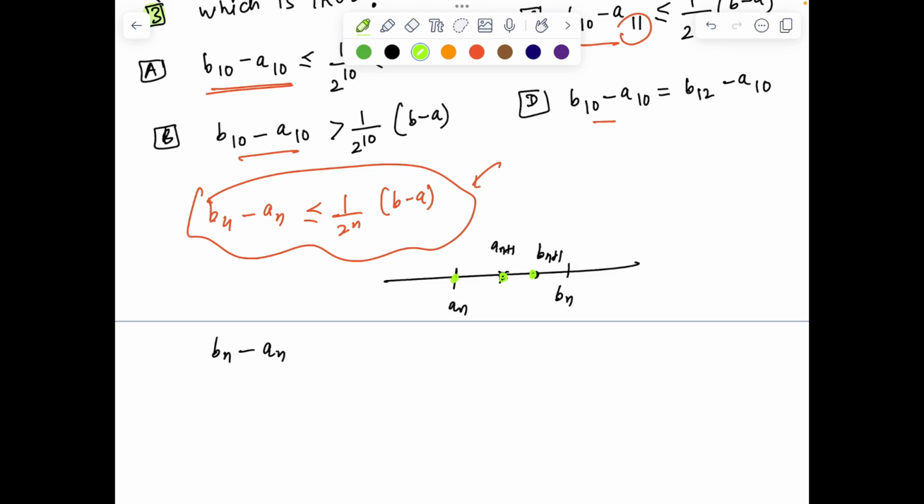So we are interested in this gap between A and B, and clearly that gap will be more than the gap between A(n+1) and B(n+1), so there is no doubt in that.